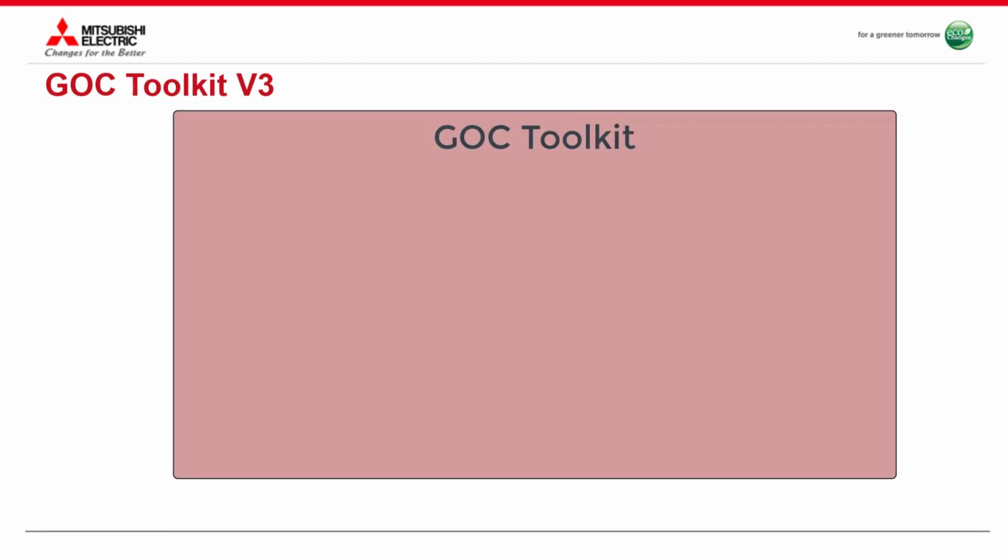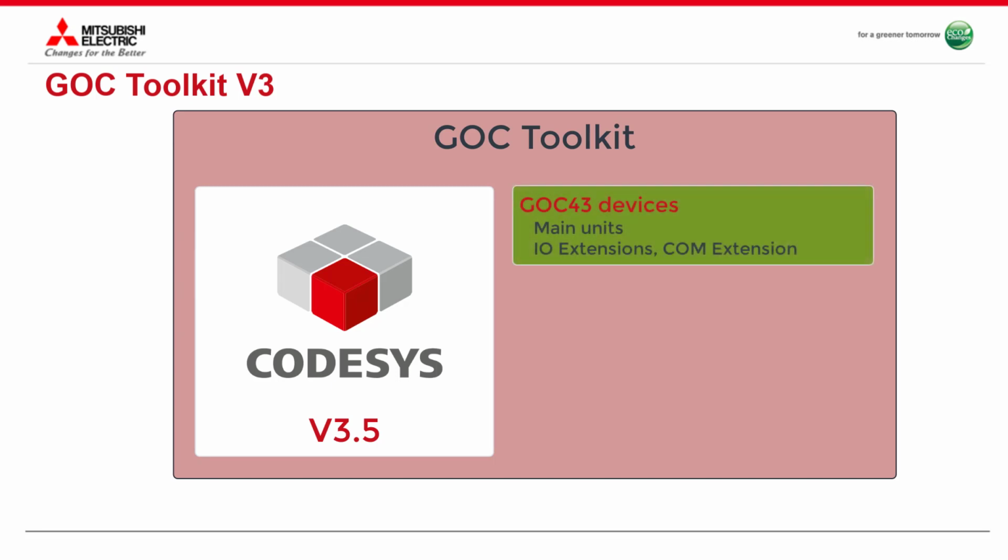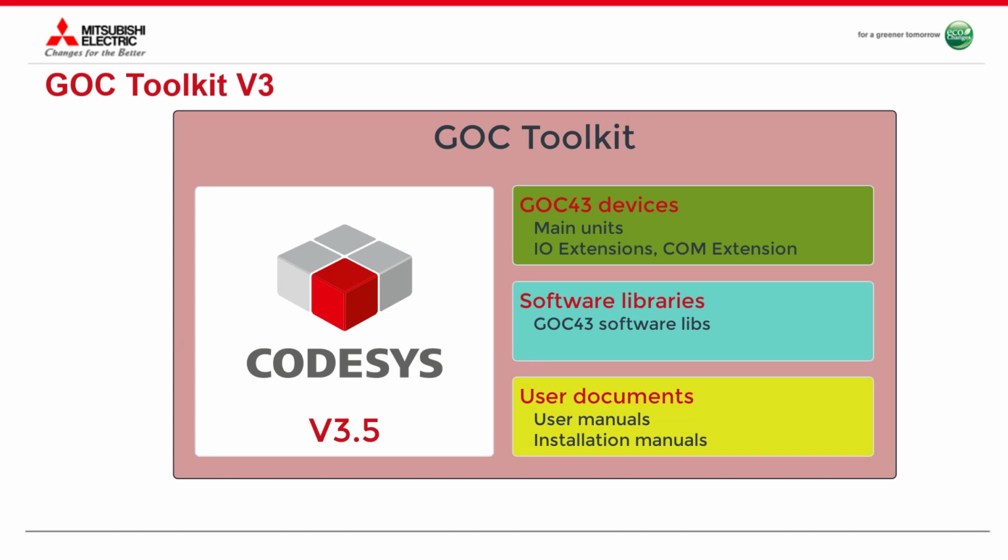GOC Toolkit version 3 is a bundle of programming software and plugins required to program GOC43. GOC Toolkit consists of programming software CodeZees v3.5, definitions of GOC43 devices, main units and extension units, software libraries, user documents like user manuals, installation manuals, etc. Installing the latest version of GOC Toolkit v3 ensures that you have the latest version of softwares, devices, libraries and user manuals.